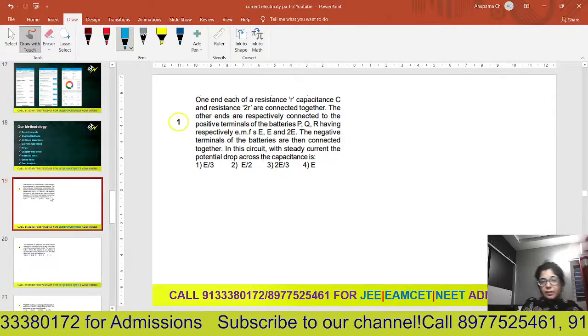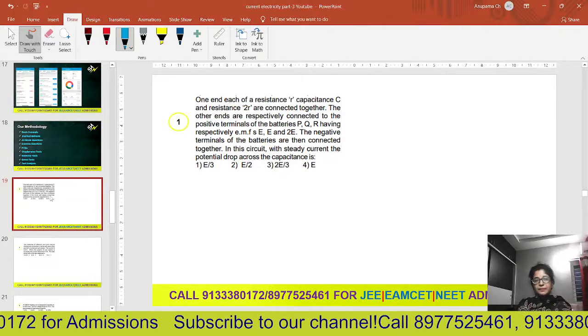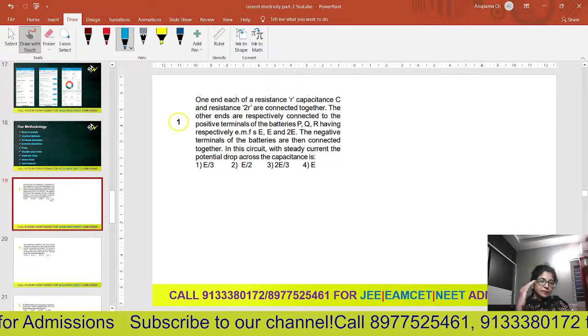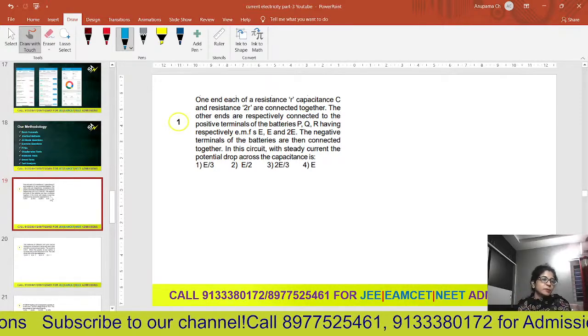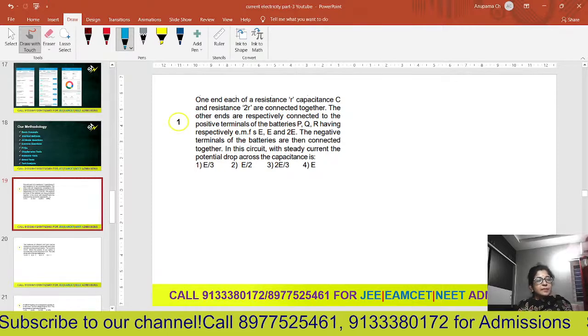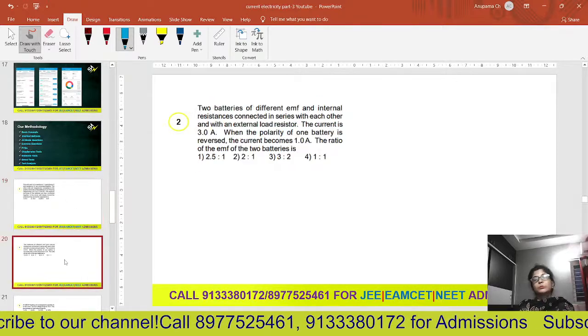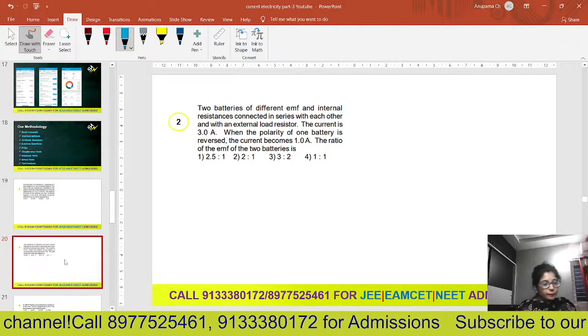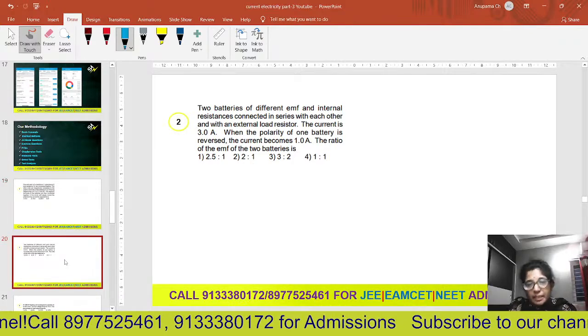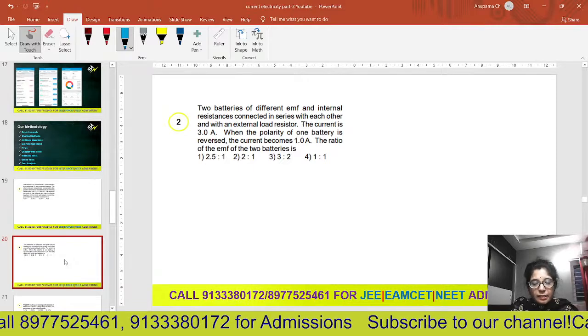When these are connected in parallel, as I already told you, the EMF will not change. The same EMF will be there all through the arrangement of the circuit when they are in parallel.